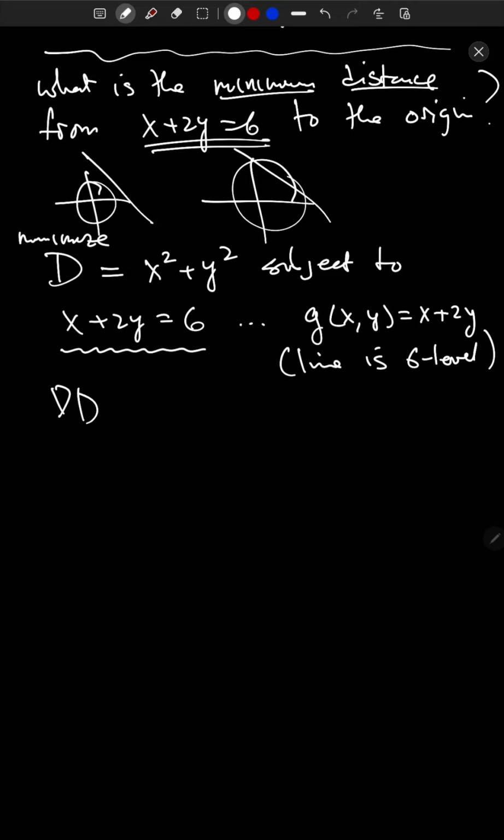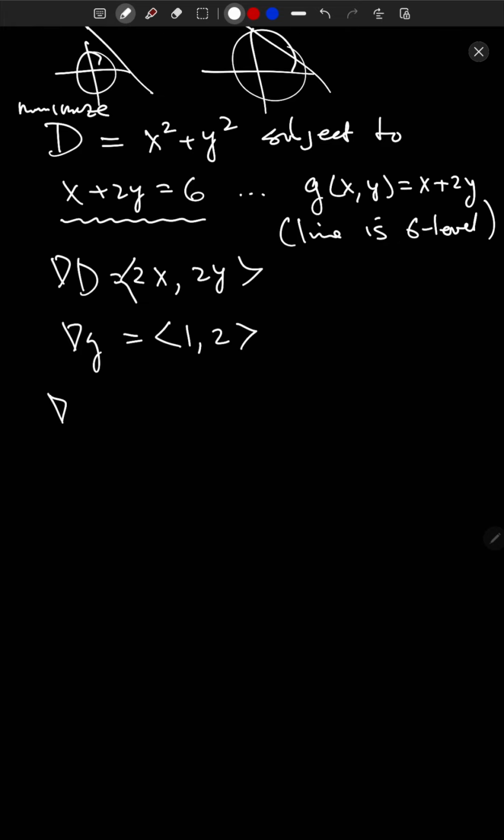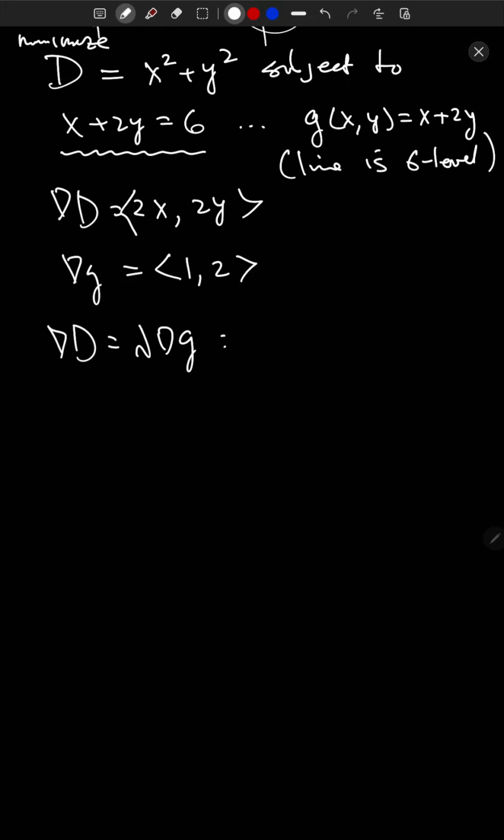Okay, gradient capital D is 2x comma 2y. Gradient G is 1 comma 2, right? Gradient D equals lambda gradient G becomes 2x equals lambda, 2y equals 2 lambda, right? And of course, if we want to write out everything completely, we also have x plus 2y equals 6, right? We need to be on the line. We're only interested in points on the line.